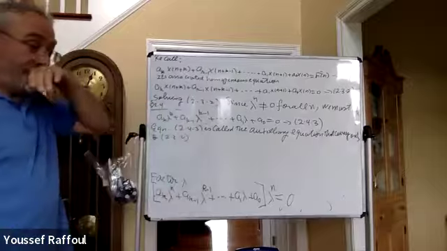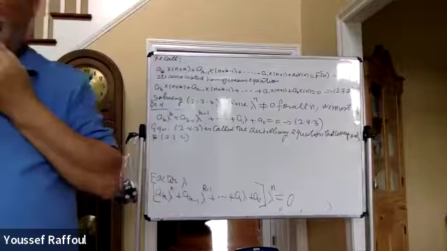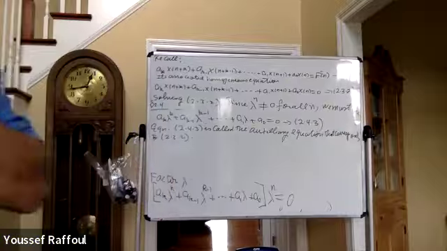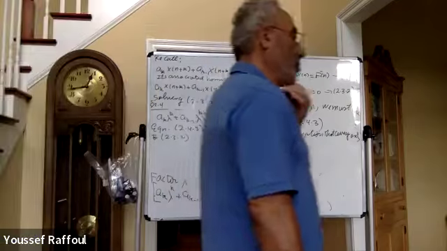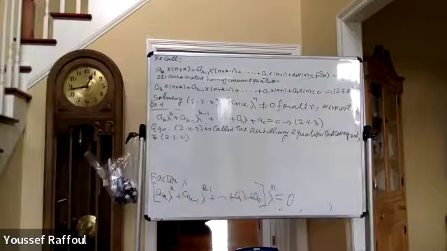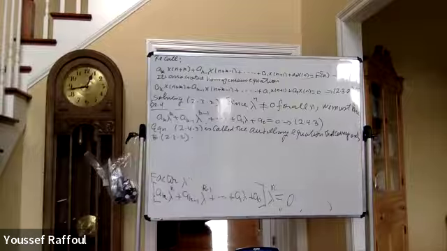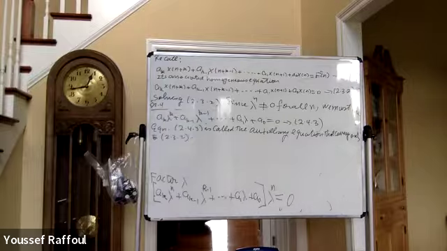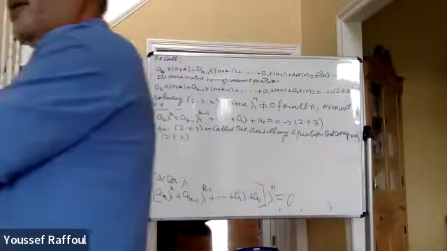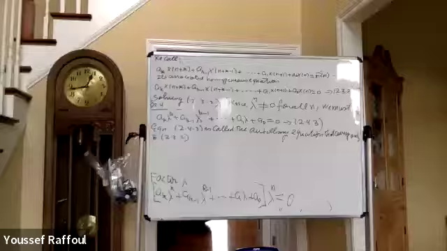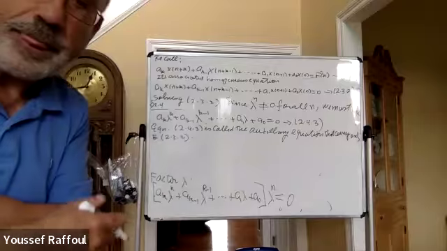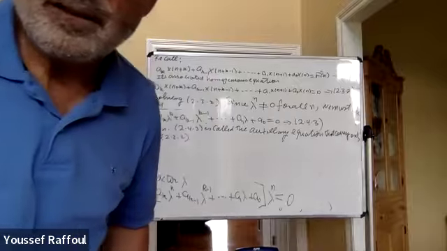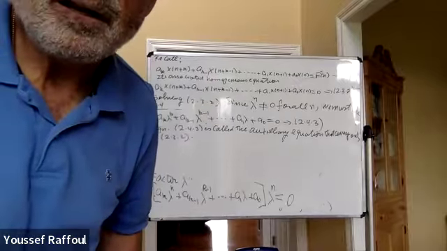Okay? In differential equations, what did you do? You considered cases: distinct roots, repeated roots, or complex roots. That's what you did in differential equations, and we're going to do the same thing here too.